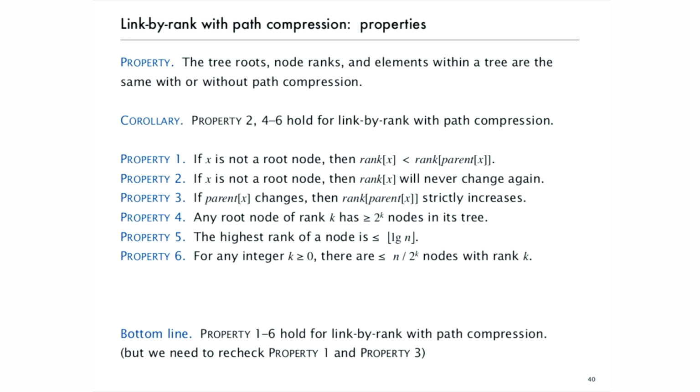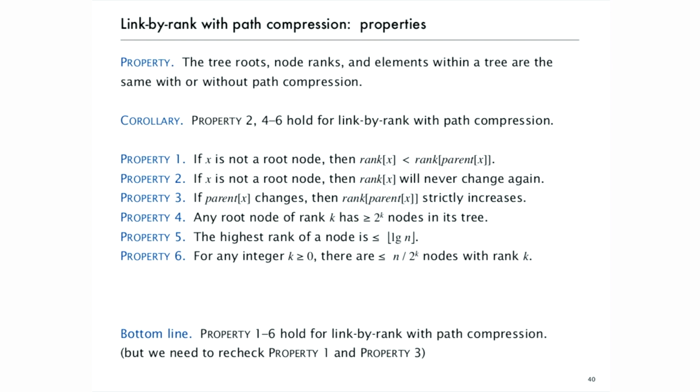Why is the last property true? The rank is anyway not changing with or without compression, so the proof still holds. The people with the same rank are not descendants of each other.